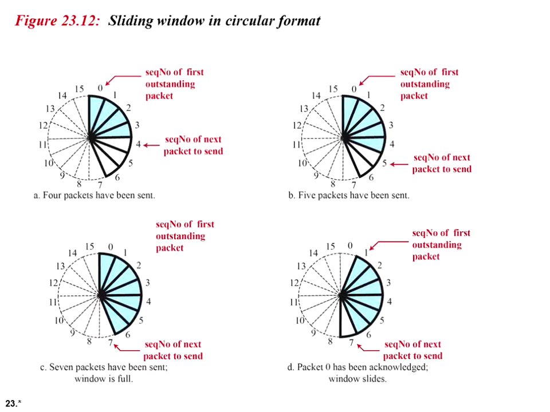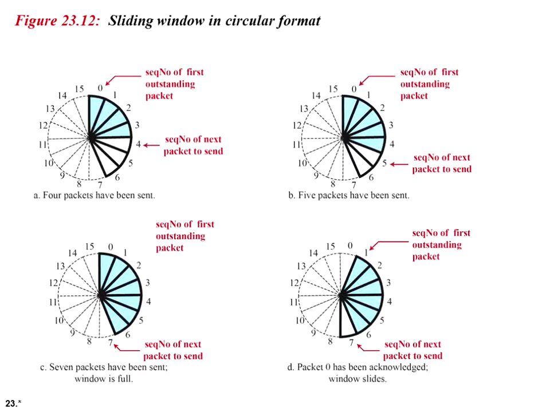Now, when an acknowledgement arrives, the corresponding slice is unmarked. Now, if some consecutive slices from the beginning of the window are unmarked, the window slides over the range of the corresponding sequence numbers to allow more free slices at the end of the window.